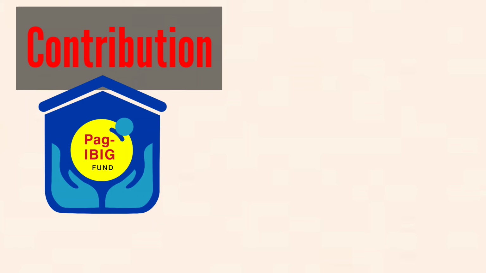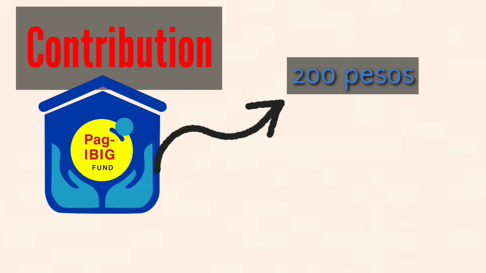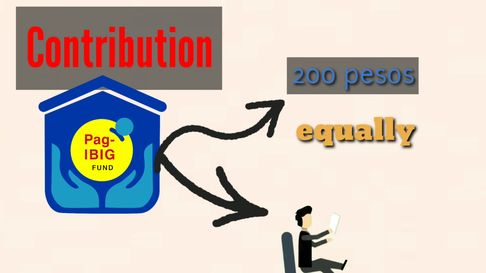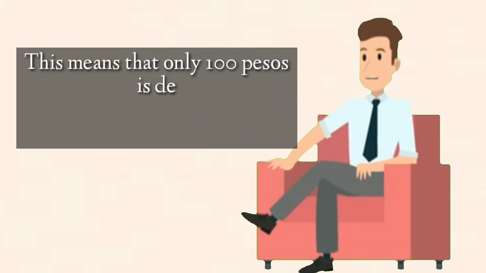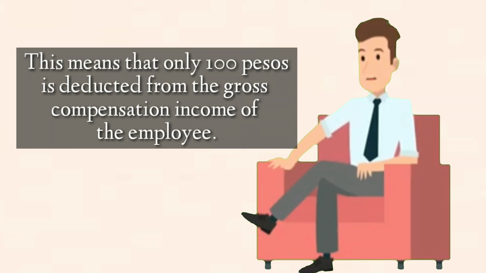Contributions to HDMF or Pag-ibig is set at 200 pesos and is equally shared by both the employer and employee. This means that only 100 pesos is deducted from the gross compensation income of the employee.